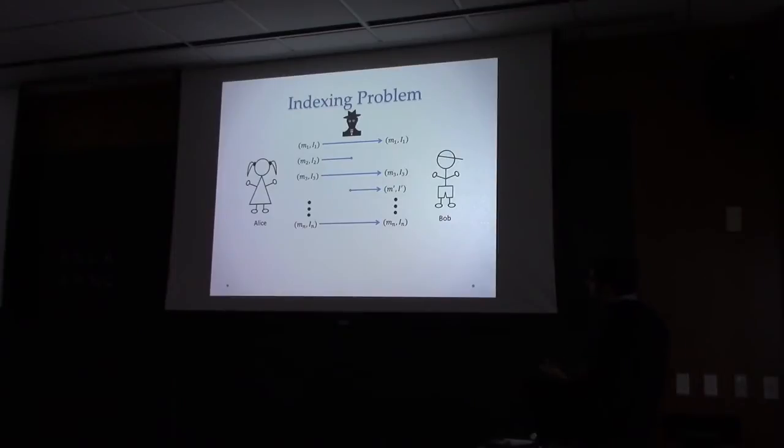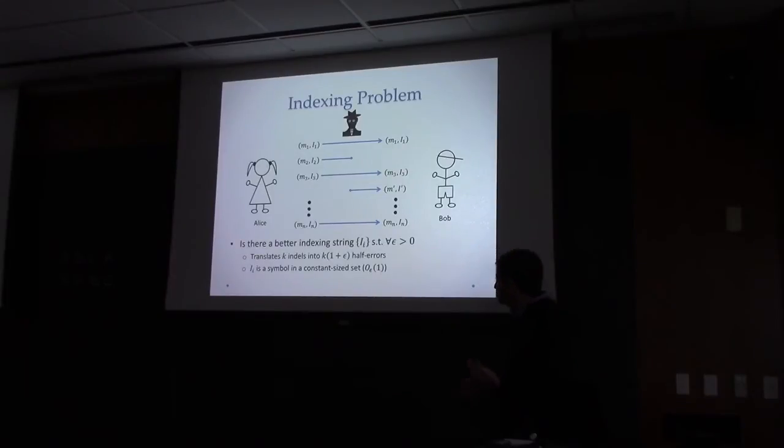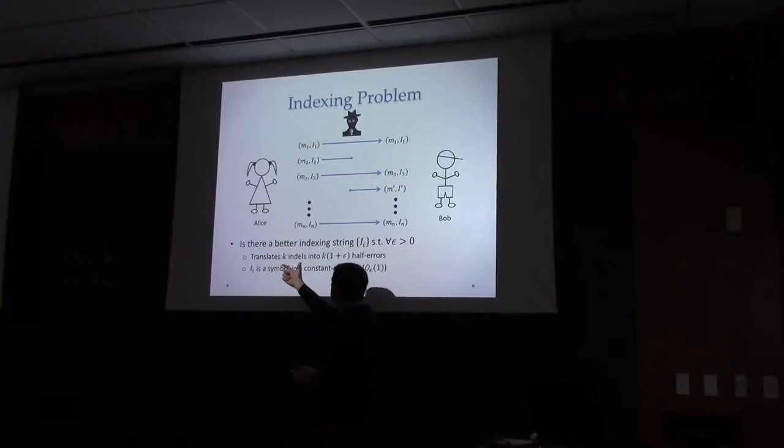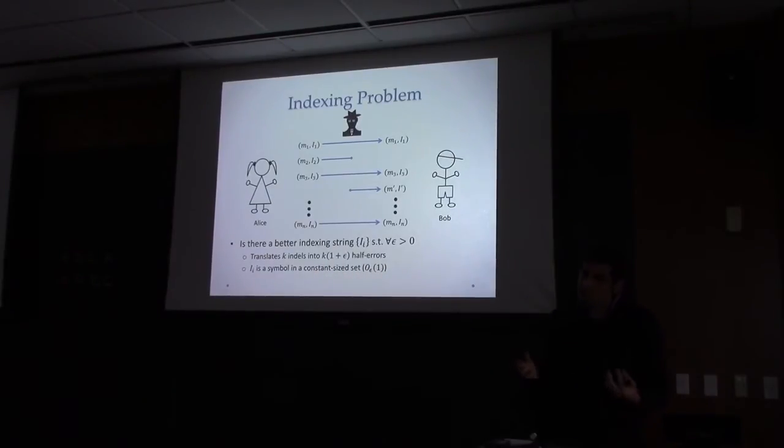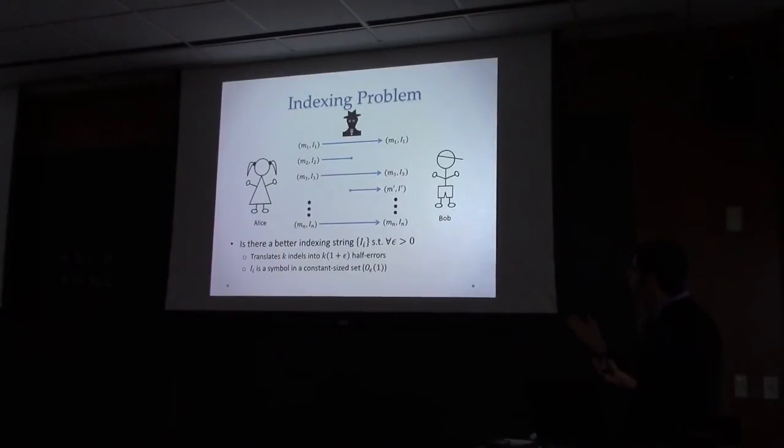So the big question is, can I replace that string of 1, 2, 3 till n with some other string whose alphabet size is constant in terms of n and enables me to translate k insertion deletions into k times 1 plus epsilon half errors? I relaxed this condition a little bit in order to get constant size strings that can play the role of synchronization, or finding the indexes, or turning the insertion deletions into half errors.